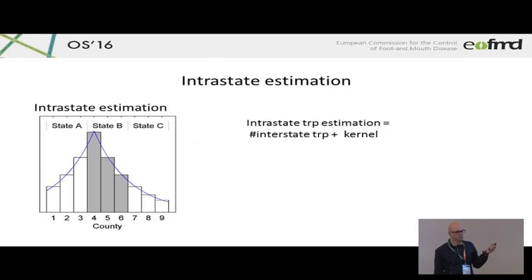If you look at the intrastate estimation, it works something like this. We use the interstate transports and the kernel to estimate the intrastate transports, which we have not observed.